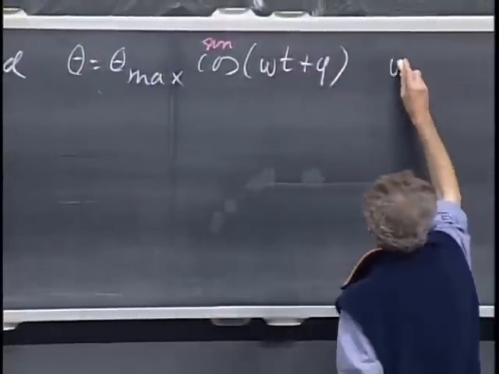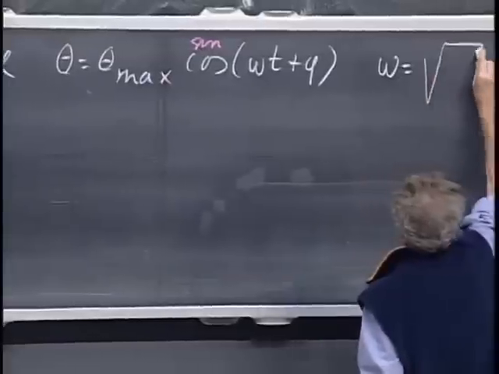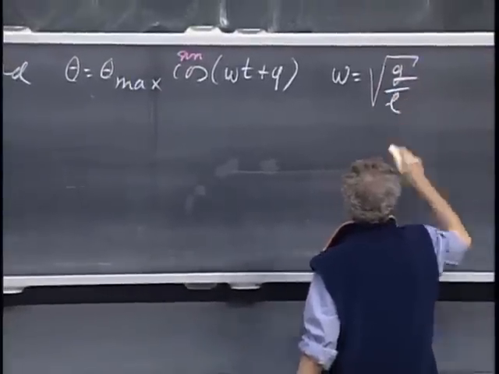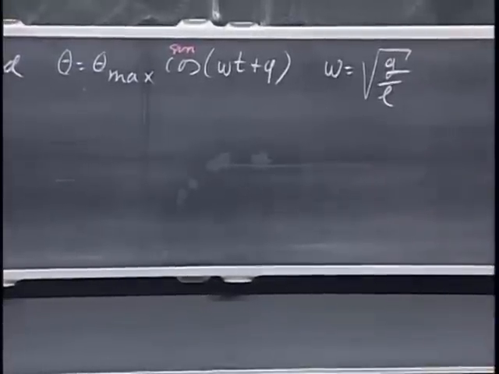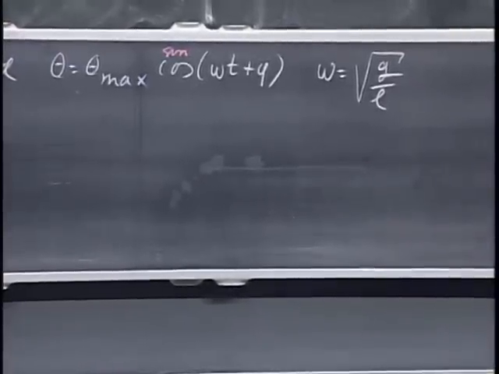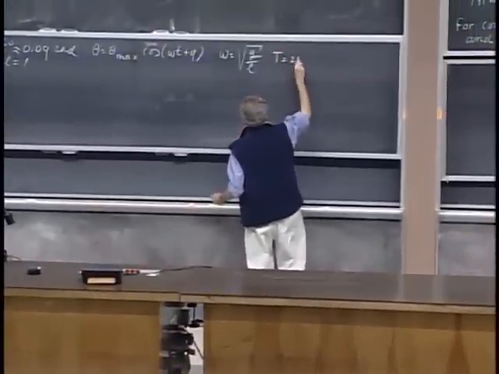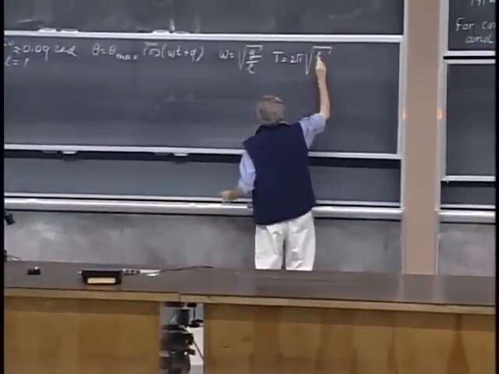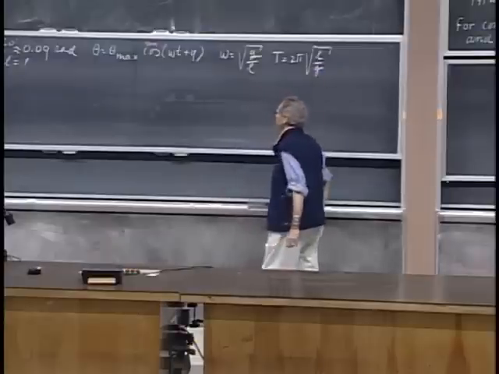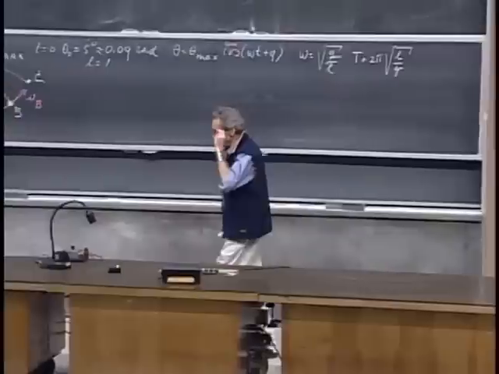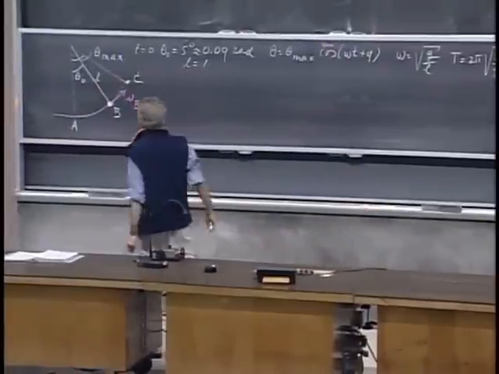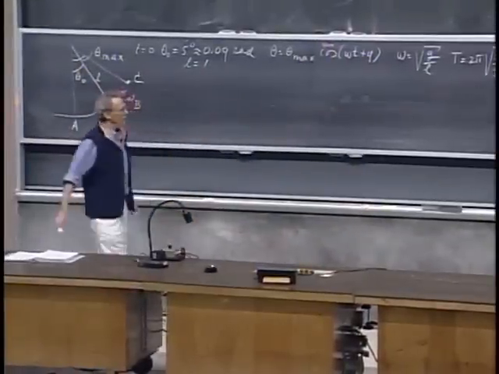And omega equals the square root of g over L. I will give you some equations during your exam, but this one I will not give you. I just assume that you remember this, and that the period of the pendulum equals 2 pi times the square root of L over g. So we know omega, because we know g and we know L.